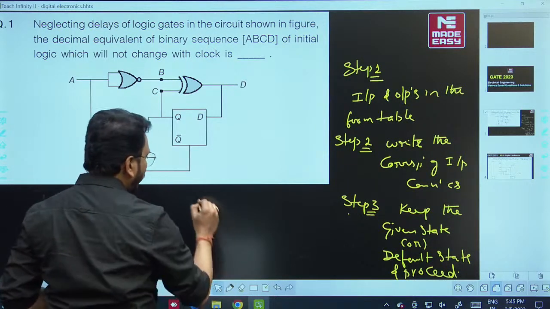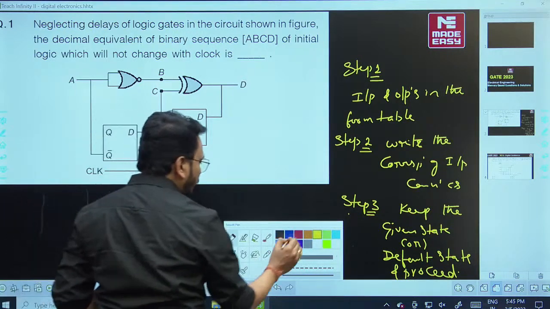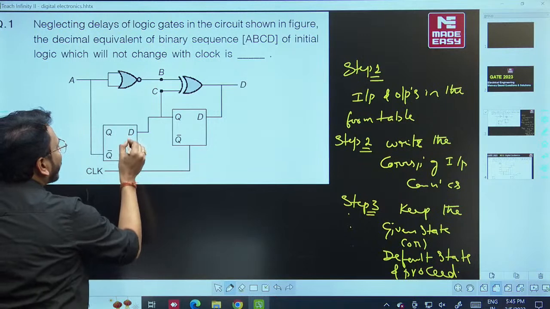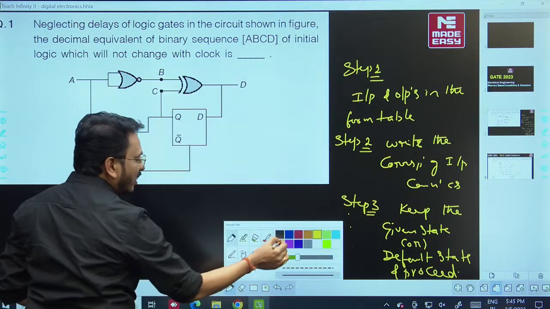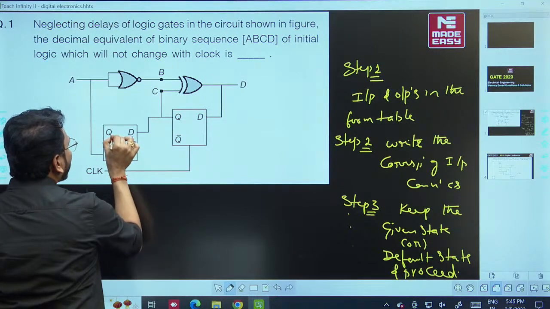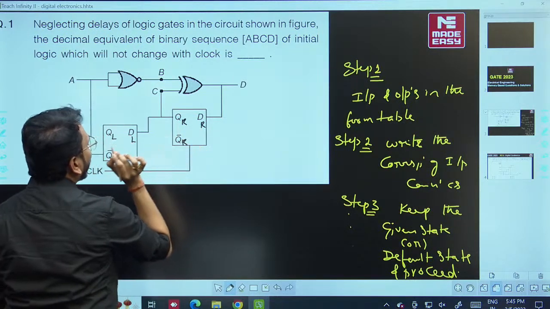Those steps, if you observe: for inputs, for example here, give some names like this is DL, this is QL, QL bar, this is DR, QR, this is QR bar.